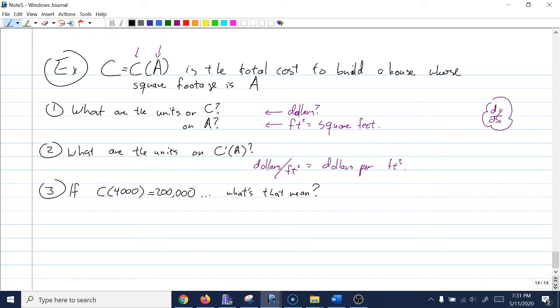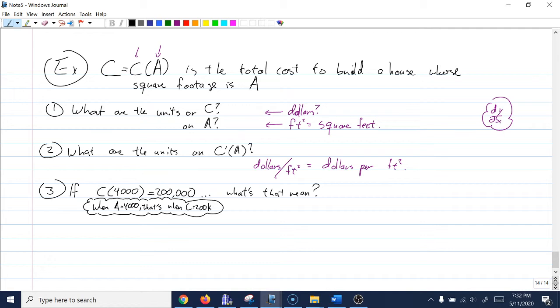Okay. One of these things, A is 4,000. So a bad version of a sentence would be when A equals 4,000, that's when C equals 200,000. That's not really a sentence about a house yet, though, but that's a start.